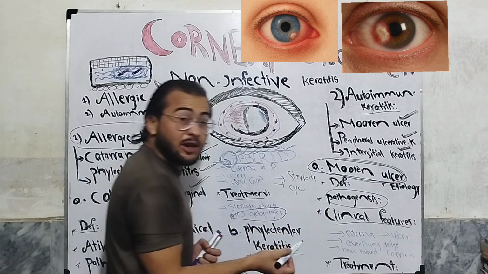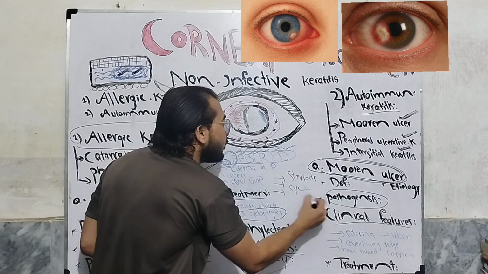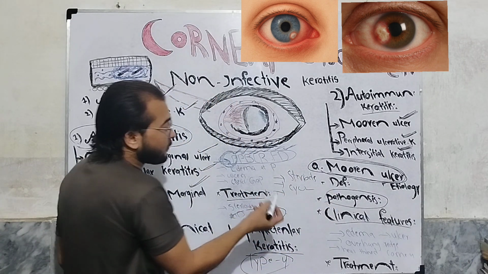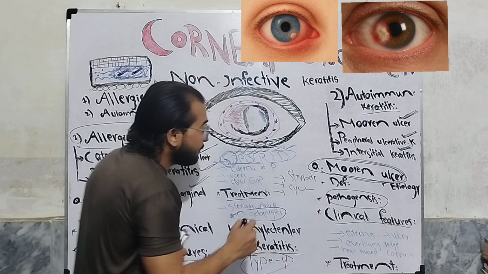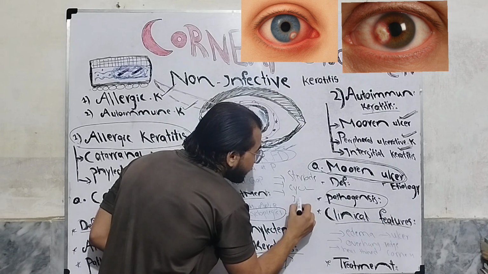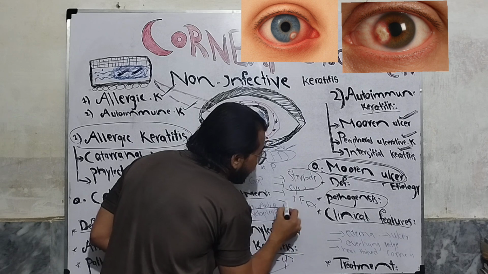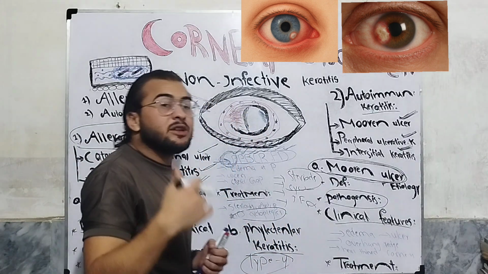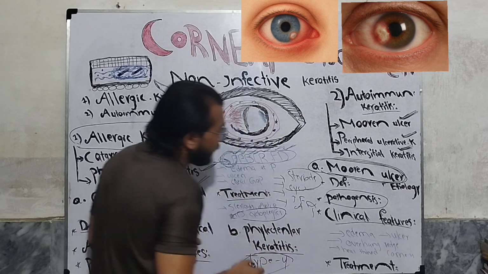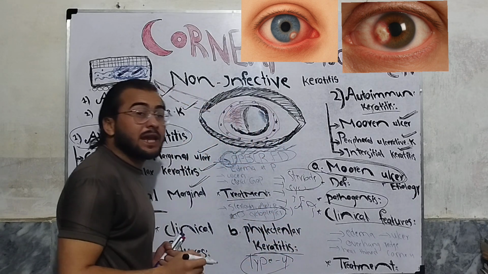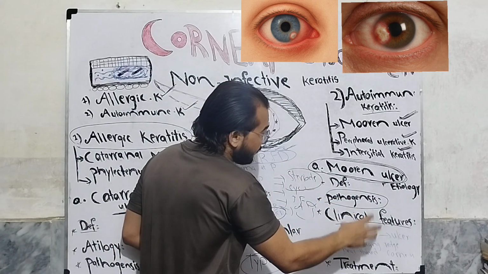If the ulcer is not responding to cyclosporin and steroids, then alternative drugs can be used, for example interferon alpha 2. For treating secondary bacterial infection, we will give antibiotics, and for pain we can give cycloplegics. Okay, so this is the treatment of Mooren ulcer.